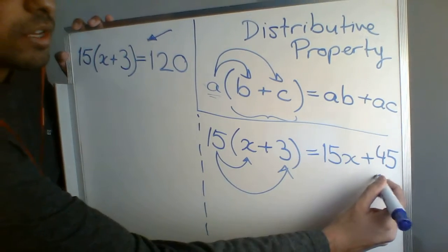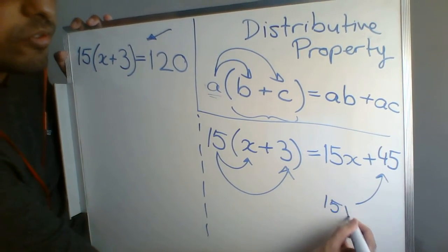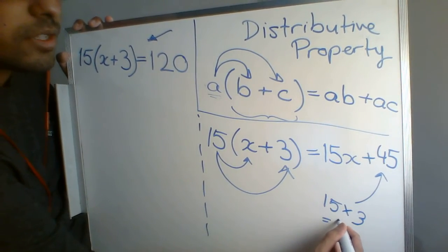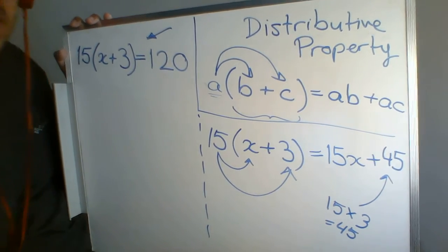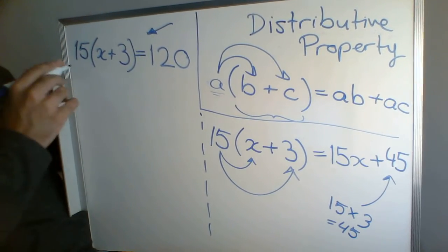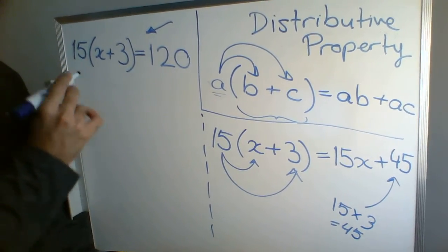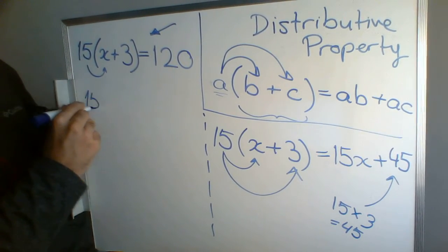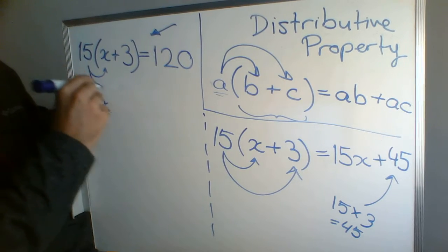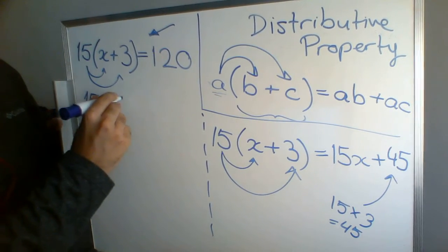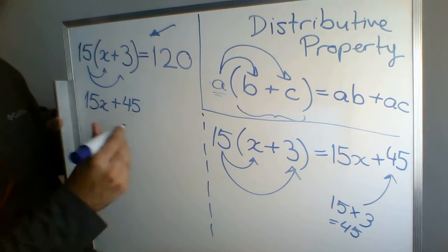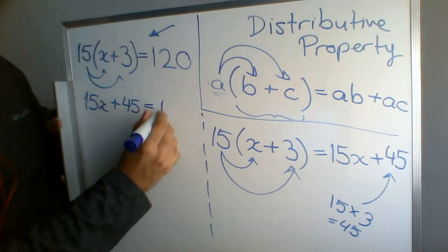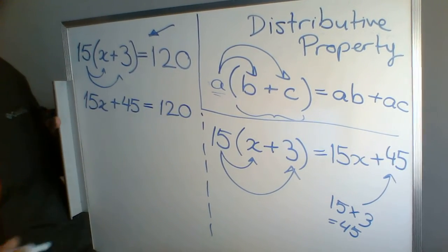So that 45 in there, let me just make a note, has come from 15 times 3 is equal to 45. Now I can expand this out one line down, right? So we've got 15 times x, that's 15x, and 15 times 3, that's 45, with a plus sign in the middle, we're not dealing with any negatives yet, equals 120.